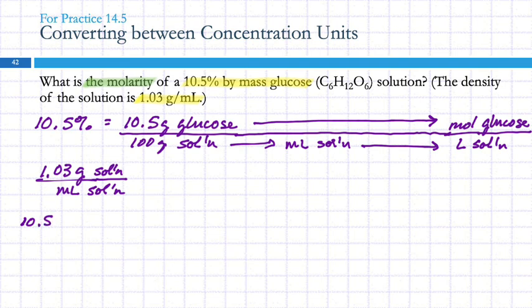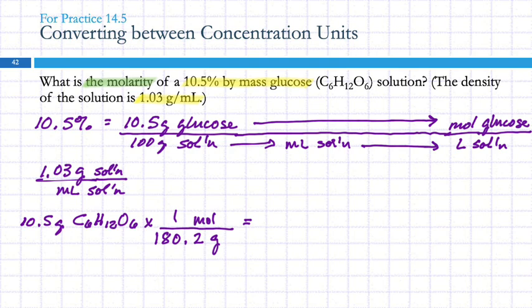So 10.5 grams of glucose, that's C6H12O6. And I'm going to convert this to moles, dividing by grams, need the molar mass, 6 times 12.01 plus 12 times 1.008 plus 6 times 16, 180.2.